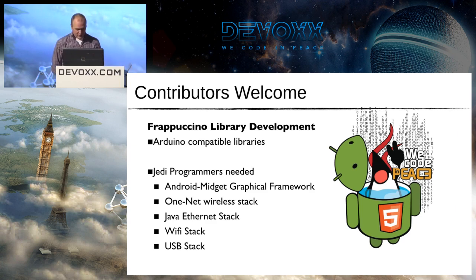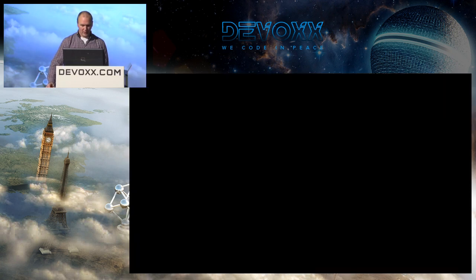And also to take it to the next level, build some really cool physical computing libraries, some of these graphical application stacks, and wireless stacks in particular. So if this is an area that's interesting to you, then by all means come along to the Google group and download the code, play around, and maybe pick something to contribute to. And that was it for the presentation.